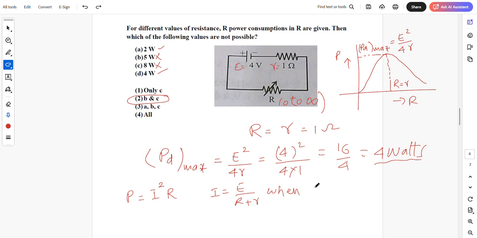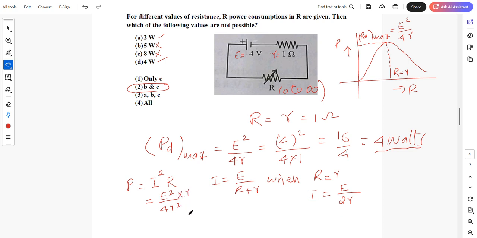When capital R is equal to small r, what happens to I? I will be equal to E divided by R plus r, which is 2R. So here we can write E square by 4R square, and into R. This gets cancelled.